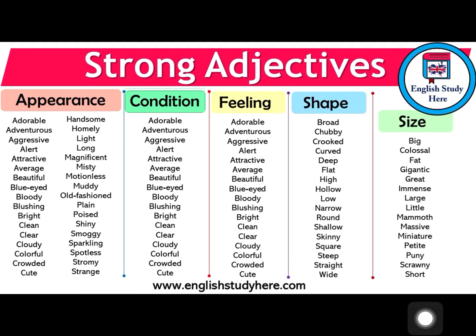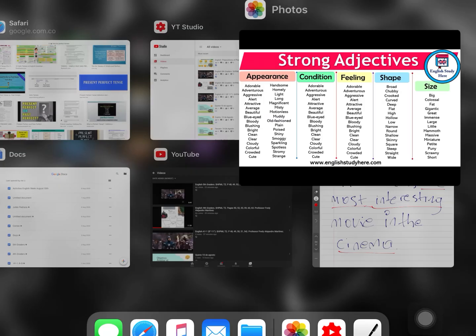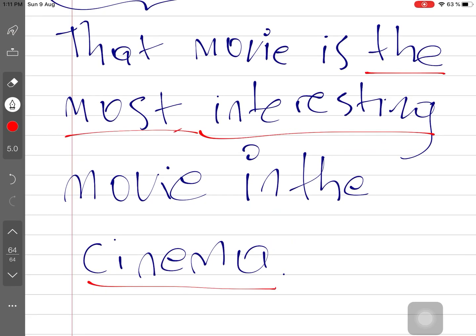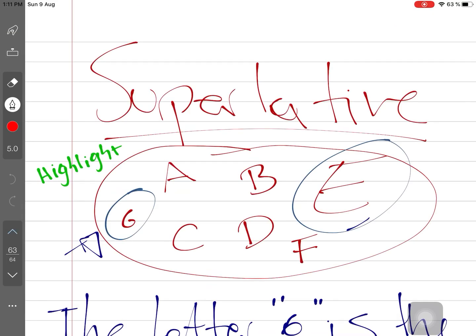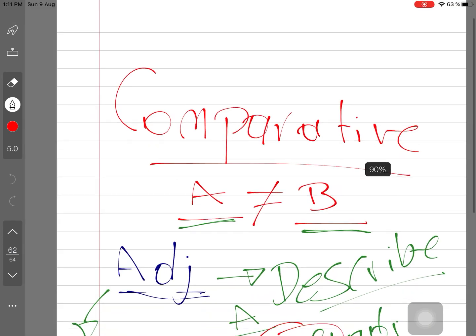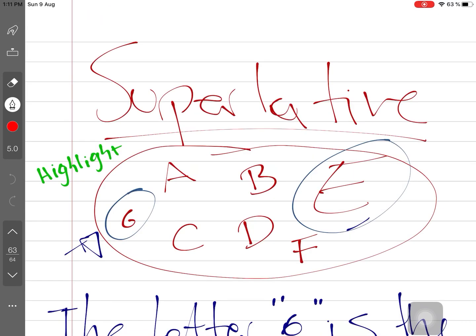Those are the different ways. Remember our adjectives here. They are different. They are short, they are long, but we have to include them with different things here. So remember, in comparative we compare two things. In a superlative we highlight one characteristic of one specific object.